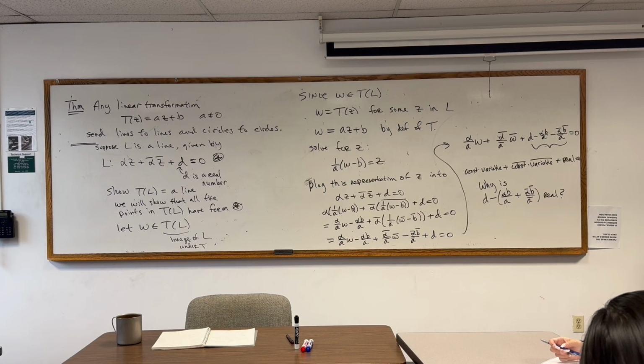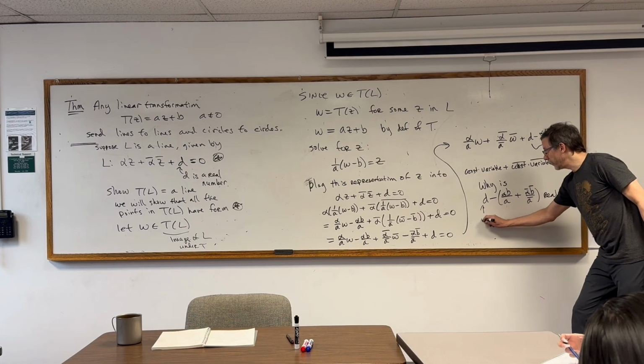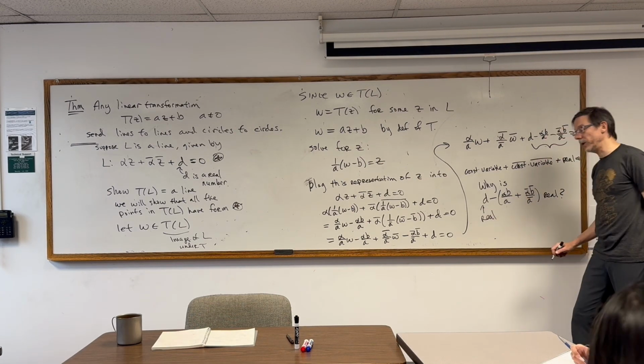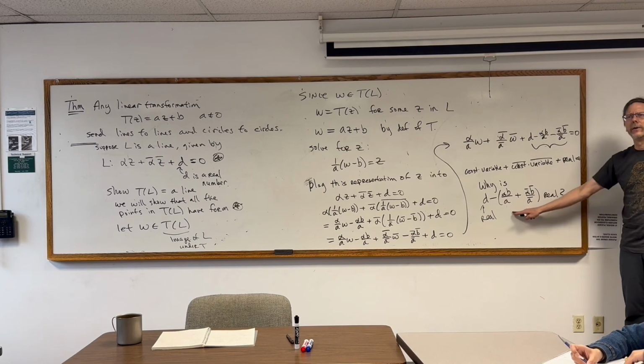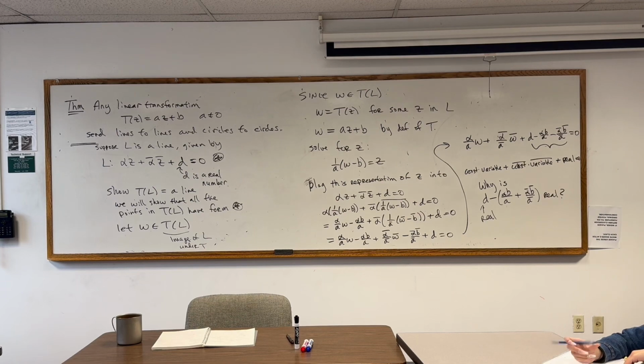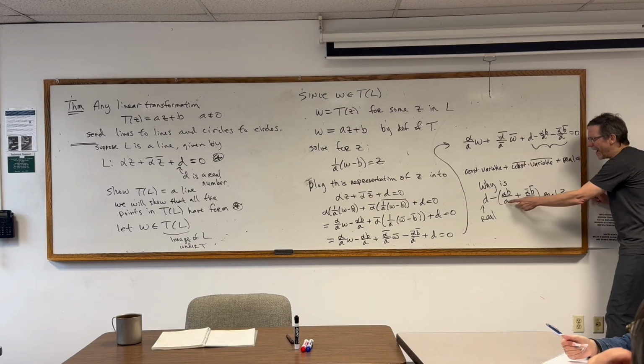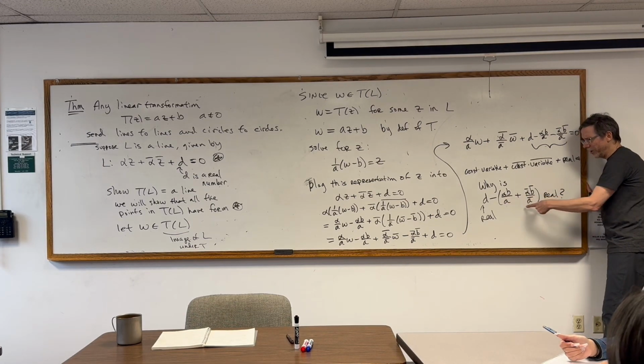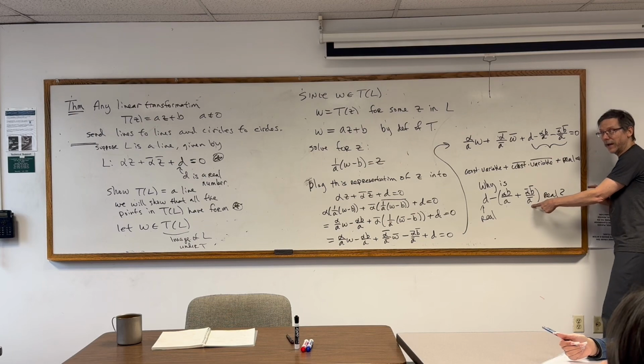So yeah, alpha and B and A are complex numbers. D is real, we know that, because it was part of a line. Why is this piece real? Wouldn't it just be the conjugate of some... Yeah, exactly, because I've got a sum of a complex number and its conjugate. Think about how that works.